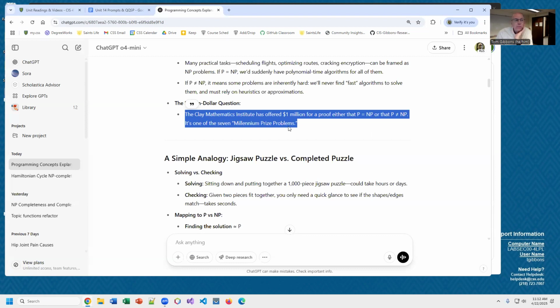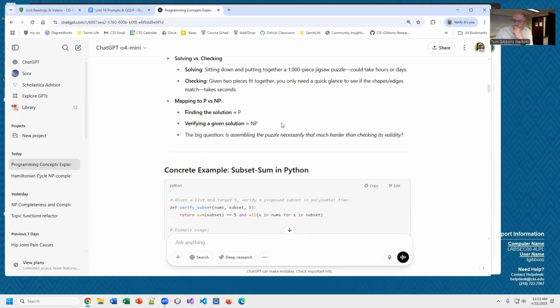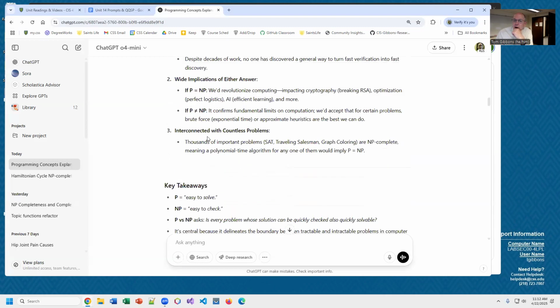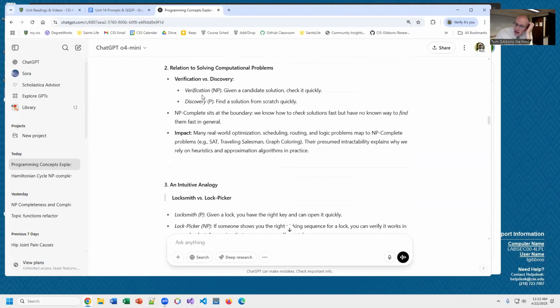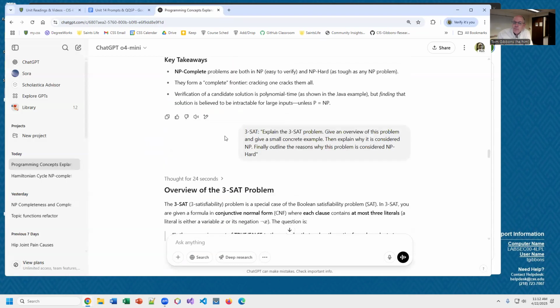It's part of the Millennium Prize problems. It also talks about some issues with this, and then talks about NP-completeness. And again, this whole idea of verification: we don't need to discover a solution for NP, we just have to verify it.